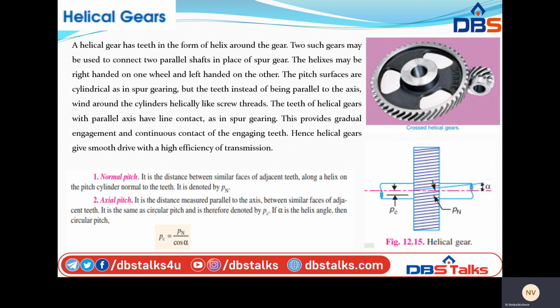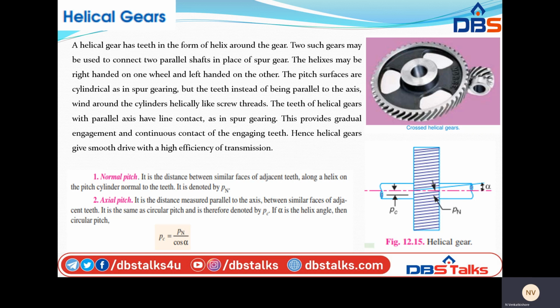Then axial pitch. Axial means the distance measured parallel to the axis between the similar faces of adjacent teeth. It is nearly the same as the circular pitch and it is denoted by PC. Okay. If it is normal, what is the formula for PC?